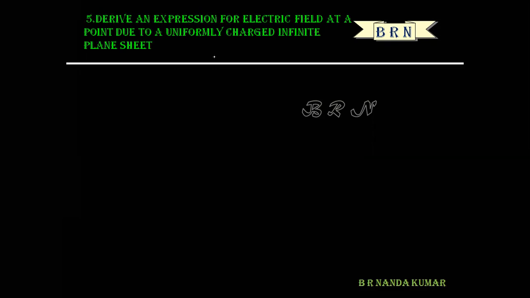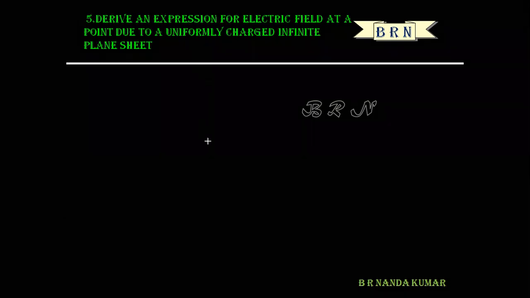Okay, first here, let us consider a uniformly charged infinite plane sheet. So this is a plane sheet. Suppose the electrons are removed from this sheet. So what happens? It will get positively charged, right?